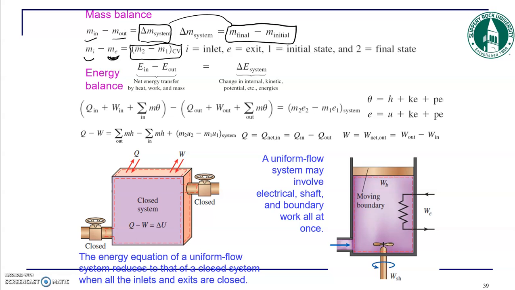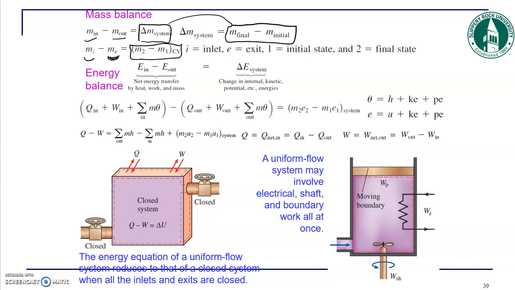M2 is the final mass of our system, M1 is the initial mass of our control volume, m_i is how much mass is entering our control volume, and m_e is how much mass has left our control volume for that period of time.